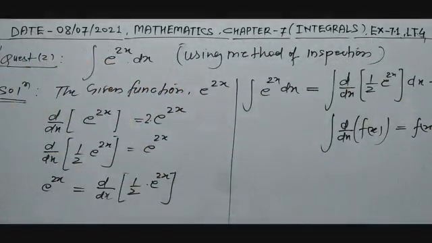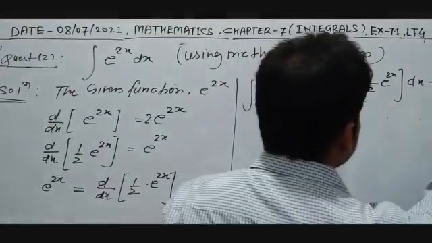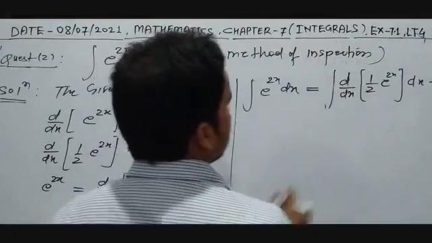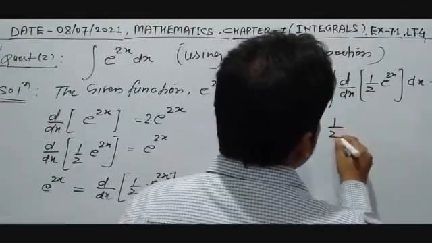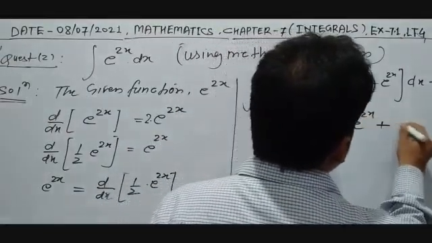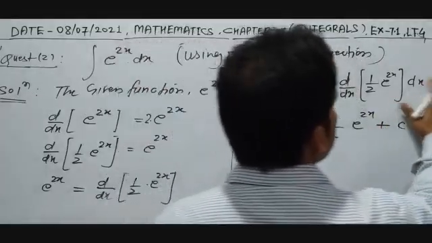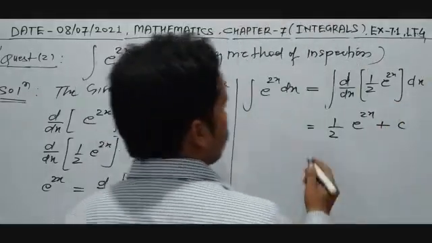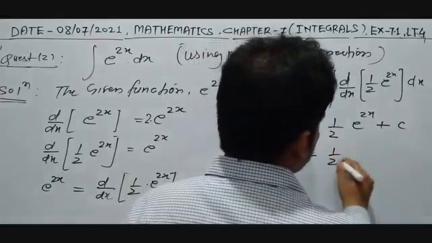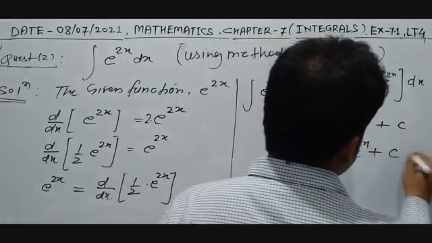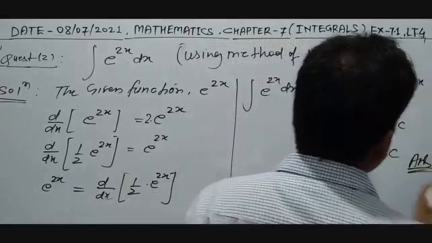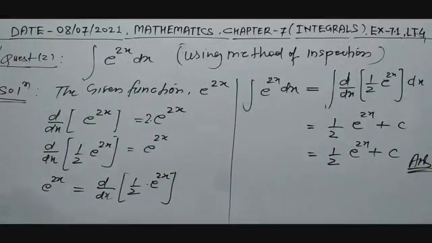So the last step will be the same: 1 by 2 e to the power 2x plus c. Now this is the answer. Now this is completed.